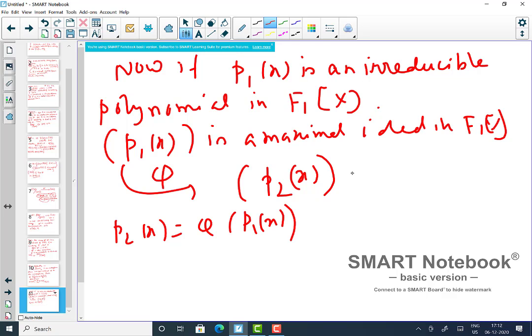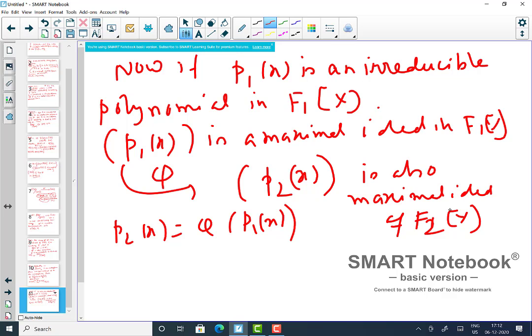This is also a maximal ideal, because an isomorphism keeps all the properties intact, so a maximal ideal maps to a maximal ideal. So this is a maximal ideal of F2[x].